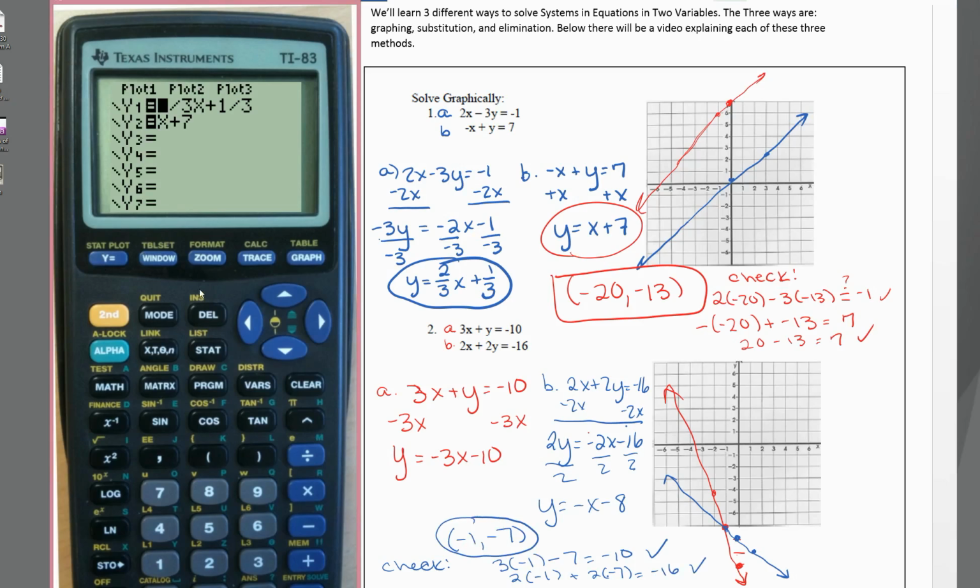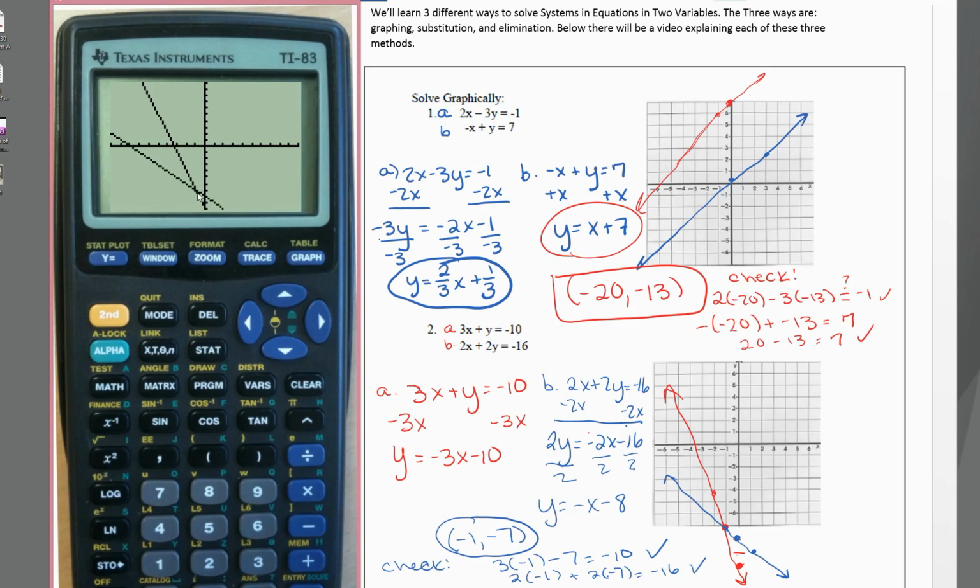And you could do it on the calculator by putting in what our y equals were. So we had negative 3x minus 10, and then for y2, we have negative x minus 8. Now I'm going to hit zoom 6 just because we had changed our window, and that puts us back at the standard window.